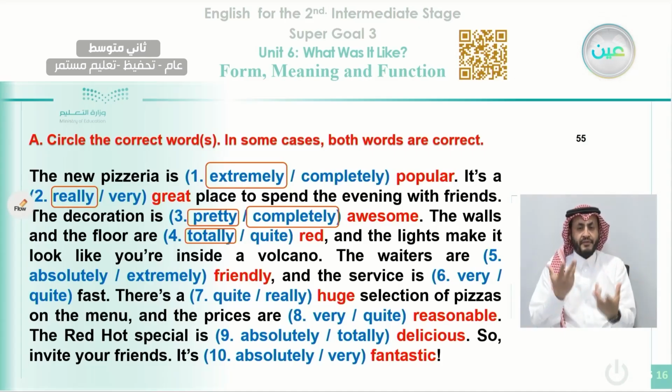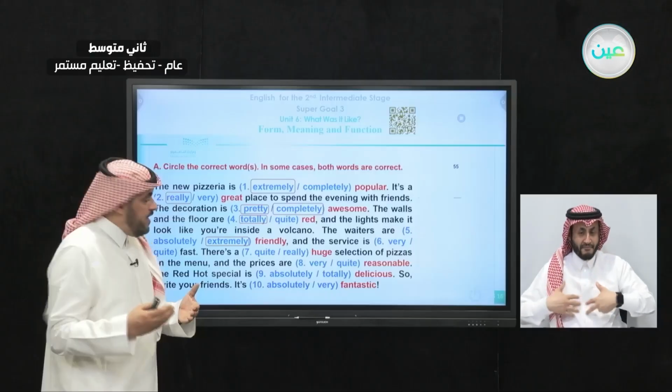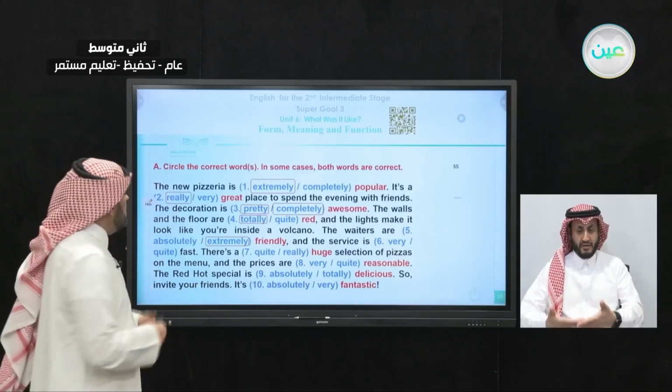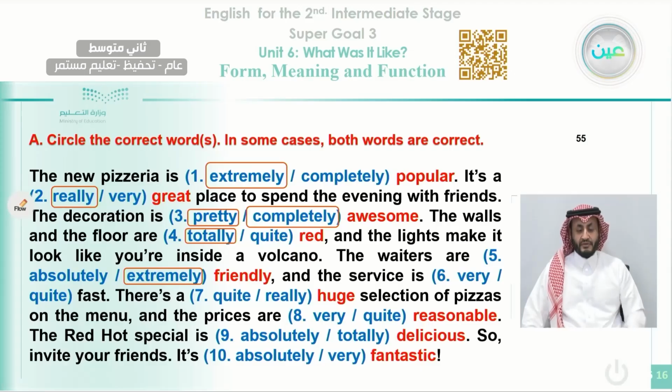The waiters are extremely friendly. Now describing the waiters, the persons who give food to customers, we can describe them as extremely friendly. And the service is, we can say, very fast, or we can say quite fast. Fast also is a weak adjective, so we can use quite or very.